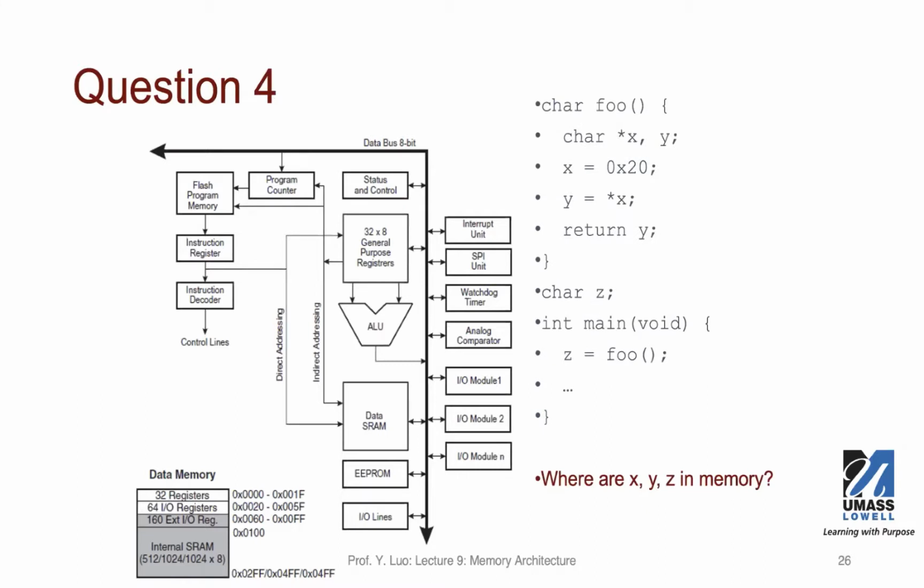Okay, one more question. So we have a function, and inside the function we have char X, Y. And outside the function we have char Z. So where are X, Y, Z in memory? We have two options: are they in statically allocated memory or are they on the stack?